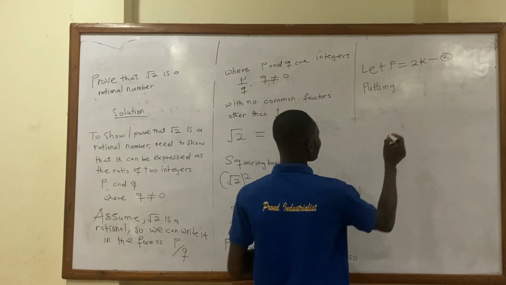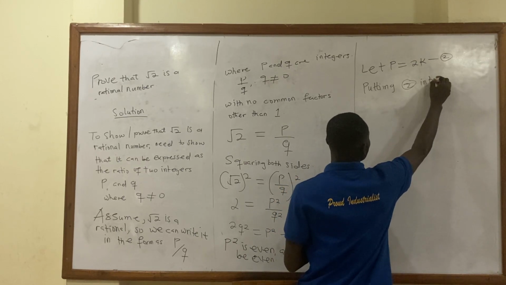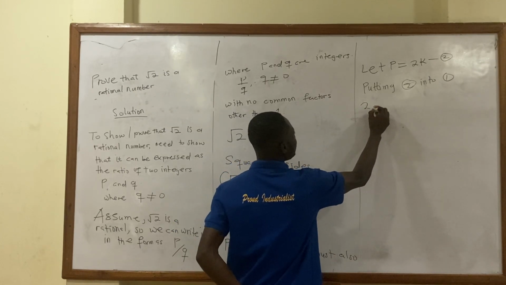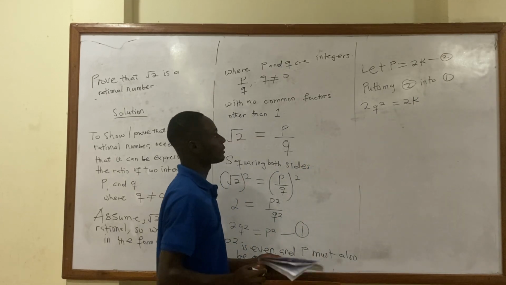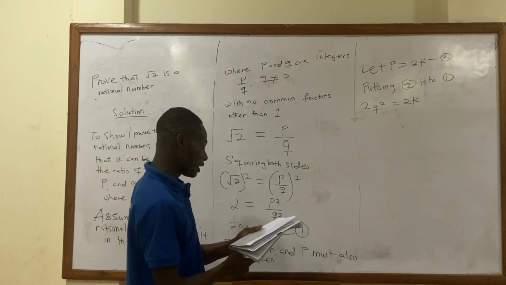So putting equation 2 into equation 1, we say 2q squared is equal to 2k squared.